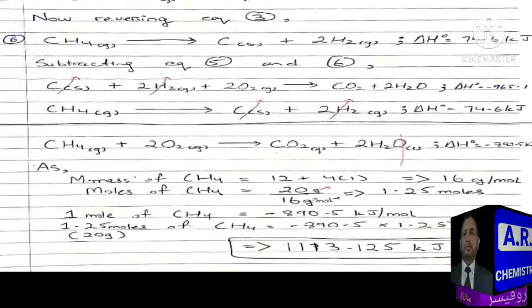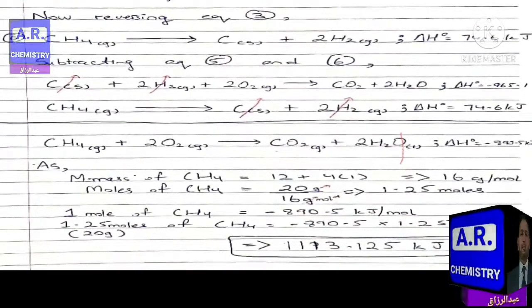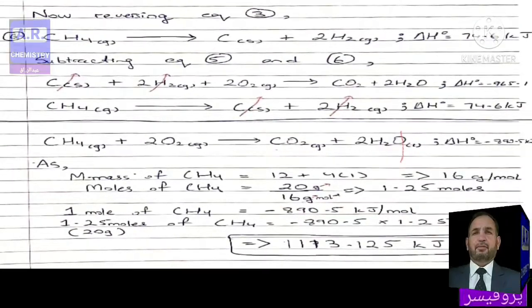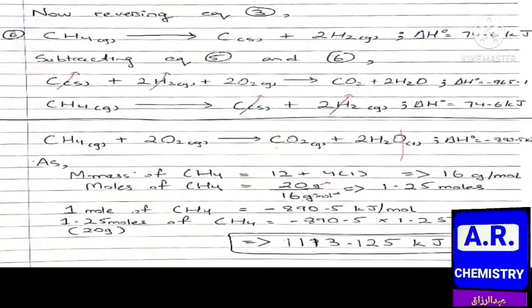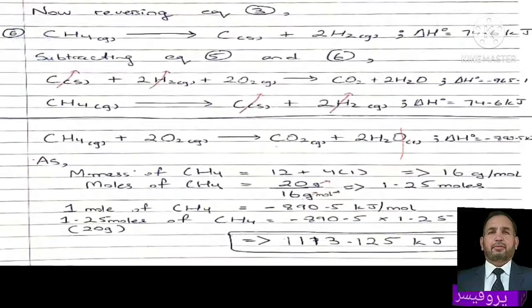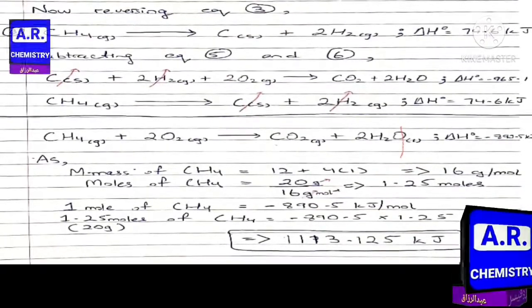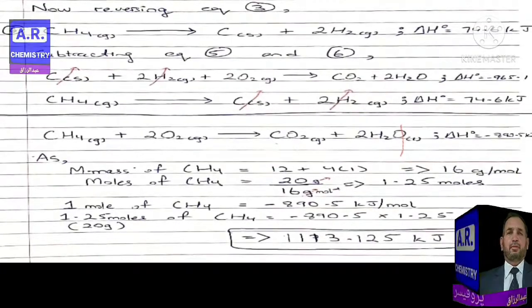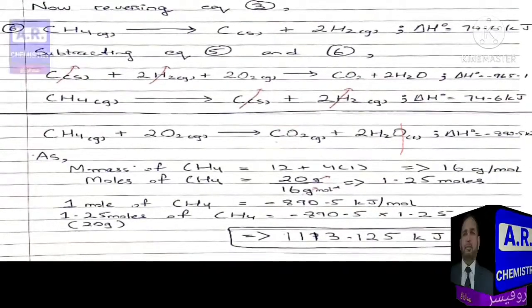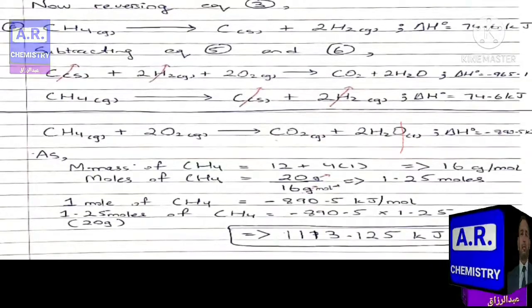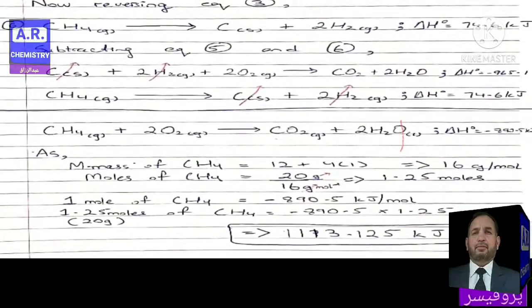Since in the question we have been asked for the heat released during the combustion or burning of 20 grams of methane, and here we have got the enthalpy for 1 mole of methane, and you know that 1 mole of methane is 16 grams.